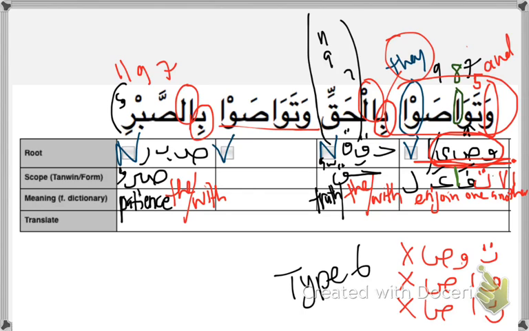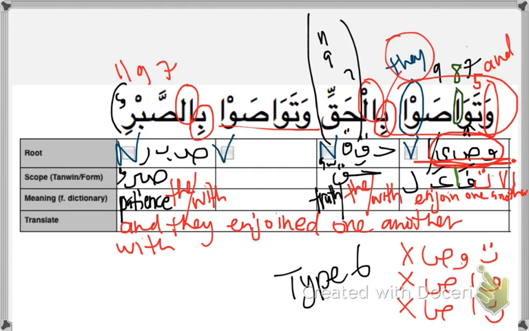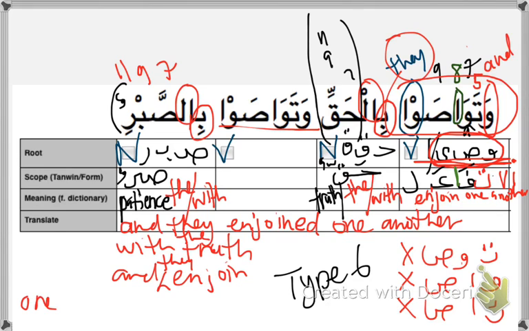So when you translate, it would be: and they enjoined one another with the truth, and they enjoin one another with the patience.